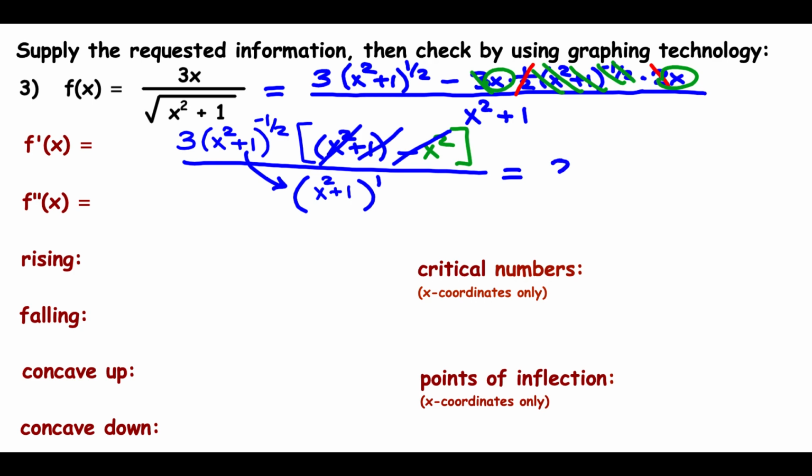Let's do that. 3 quantity x squared plus 1 to the negative 3/2. Remember, 1 is 2/2. If you bring it up, it can join forces. That's going to make the second derivative a lot easier because now we don't have to fumble around with a quotient rule anymore. So that's great.